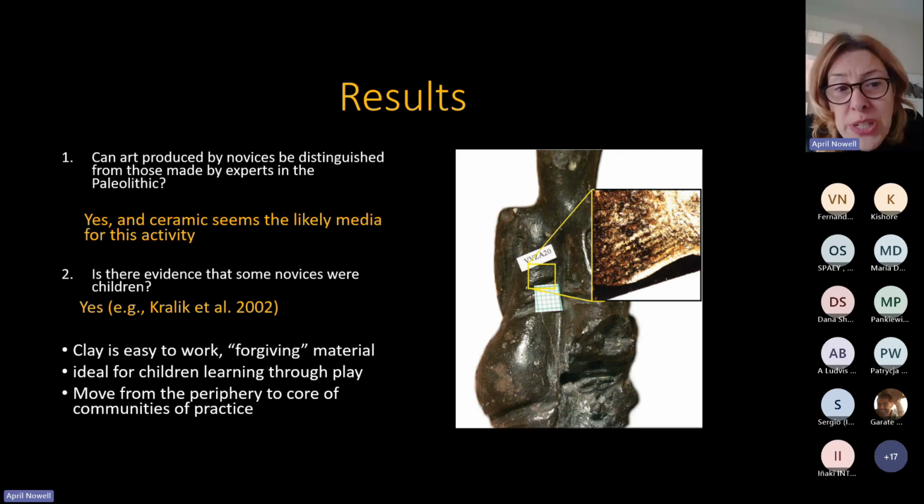The kinds of objects, these animal figurines and so on, are perfect for kids to be able to learn more about their environment, learn about animal behavior and so on in a fun way. And that's something that we definitely see ethnographically.